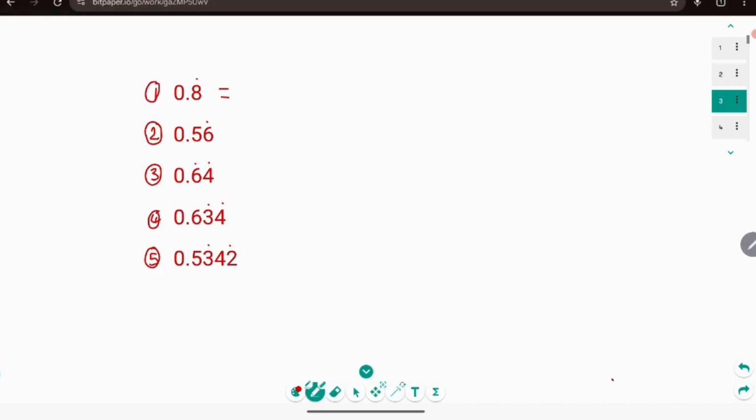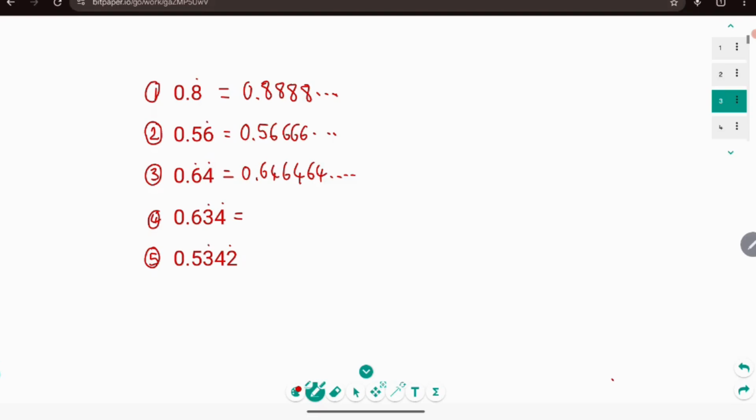This one here is just the 8 that repeats. Here, the dot is just above the 6, so it's just the 6 that repeats. Here we've got a dot above the 6 and the 4, so it's the 6 and 4 that repeats.